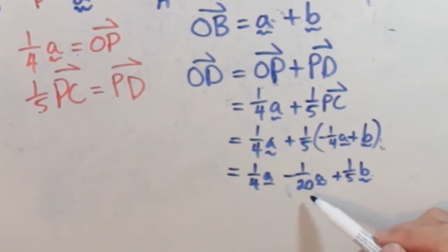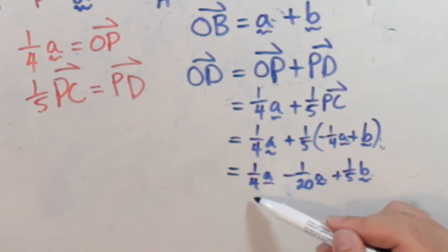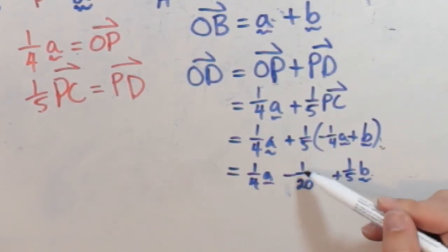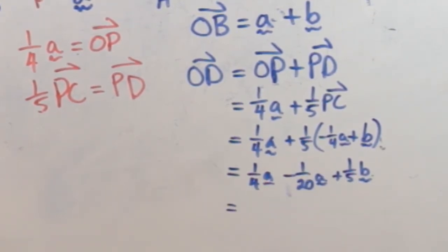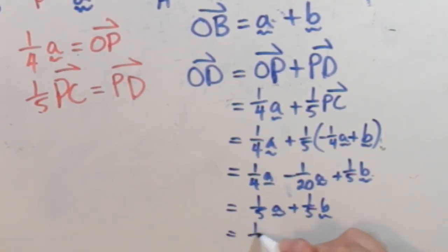What's 1/4 minus 1/20th? 5/20ths minus 1/20th is 4/20ths, which is 1/5. So 1/5 of a plus 1/5 of b.